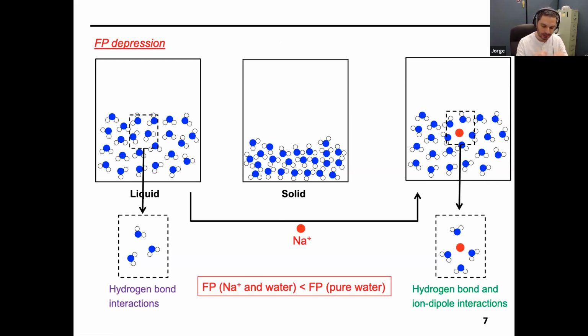Okay, so at this point, I need you to understand why there is a boiling point increase and a freezing point depression. It all depends on the intermolecular interactions that you have. More interactions and stronger interactions will cause a more dramatic effect in the freezing point or the boiling point.